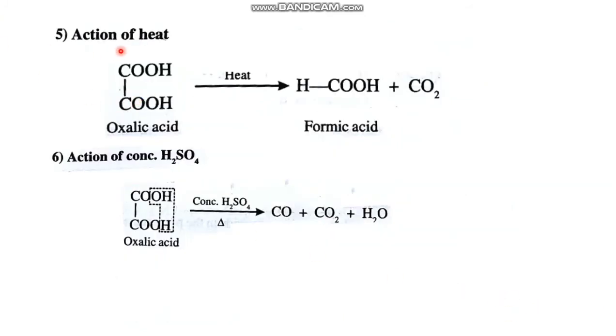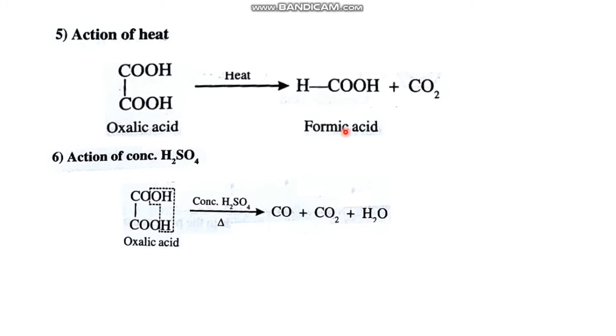Then next one, action of heat. Oxalic acid, which is a dicarboxylic acid, has 2 carboxyl groups attached to each other. In this reaction, when we heat this oxalic acid directly, there occurs a decarboxylation.